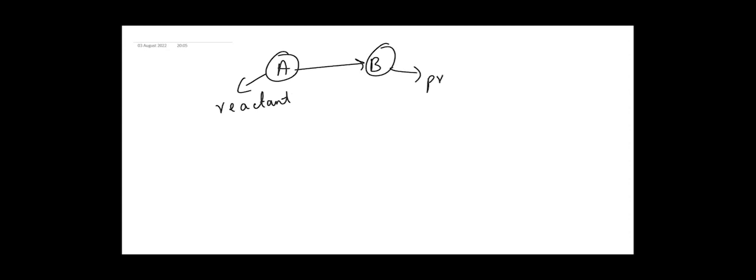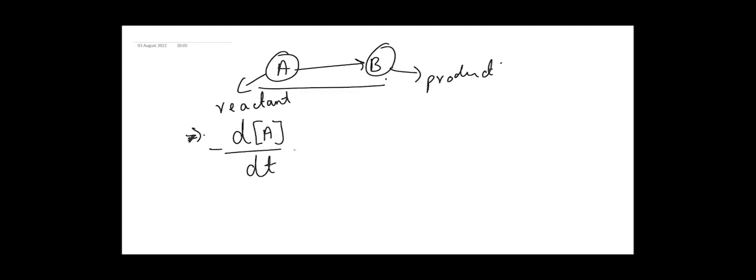So now let us look into a simple reaction. Say suppose A gives B, where the reactant is A and the product is B. Now, how do we write the rate equation for this reaction? The difference in concentration of A with respect to time t should be equal to the difference in concentration of B with respect to time.